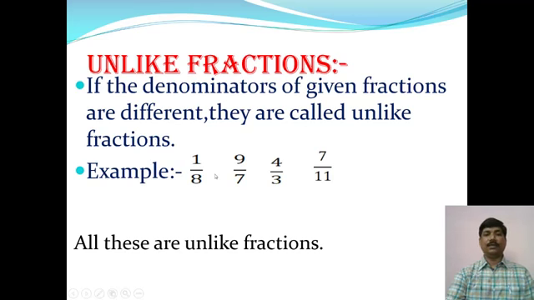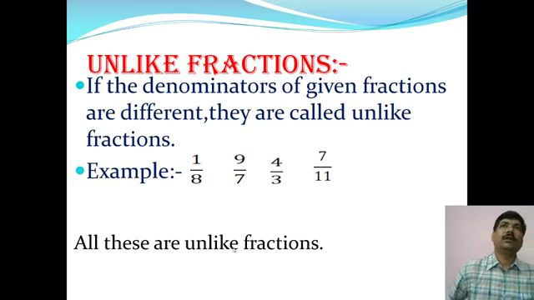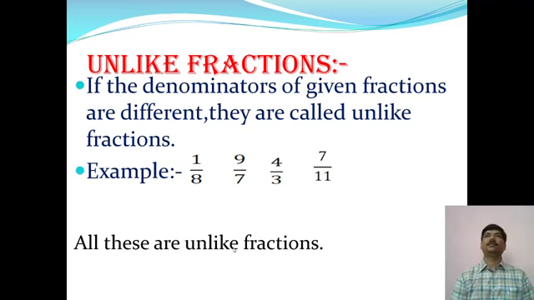For example, here are some fractions: 1 upon 8, 9 upon 7, 4 upon 3, 7 upon 11. In all these fractions, the denominators are not the same, they are different. So all these fractions are unlike fractions. We can give some more examples of groups of unlike fractions, such as 1 upon 5, 2 upon 6, and 5 by 8.